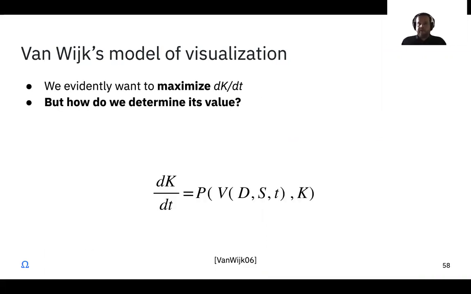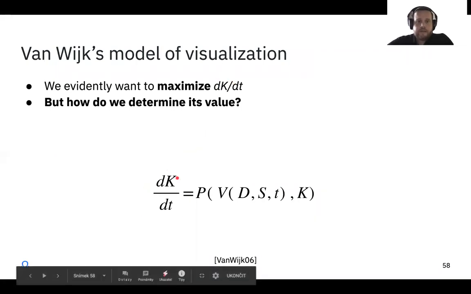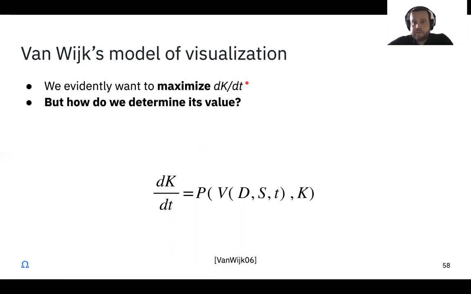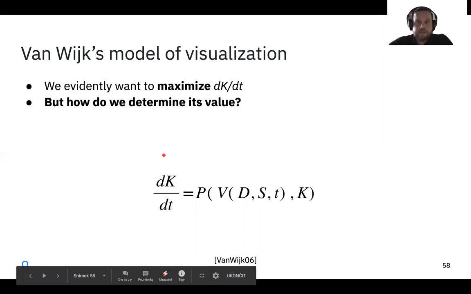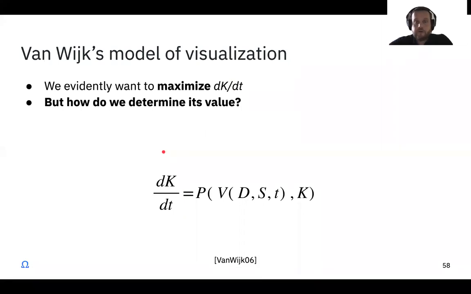So obviously, in Van Wijk's model, we want to maximize the change in knowledge over time, right? Note that with bad visualizations or visualizations that are misleading, this term can also be negative. So by using the visualization, you might go to wrong conclusions, which might impair your domain knowledge. So that's an interesting notion that was made in the paper.